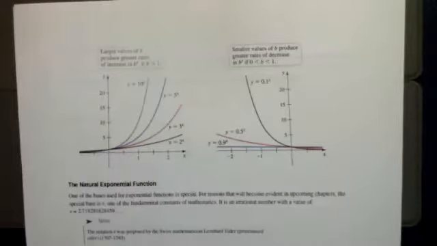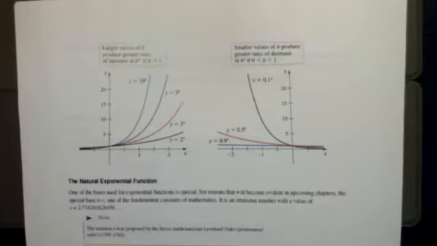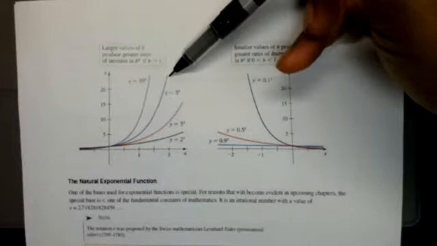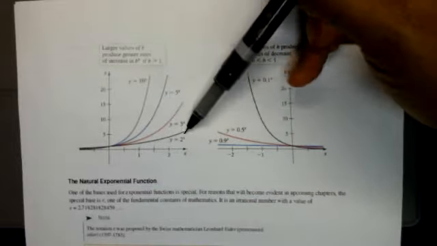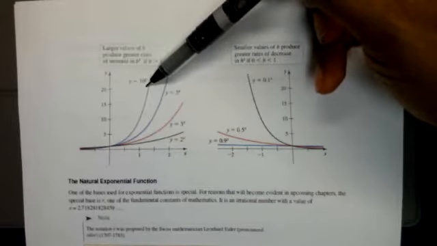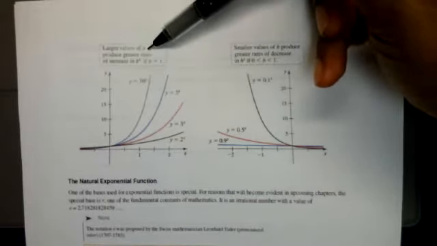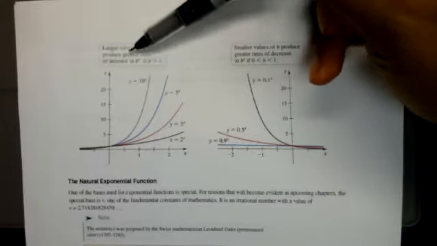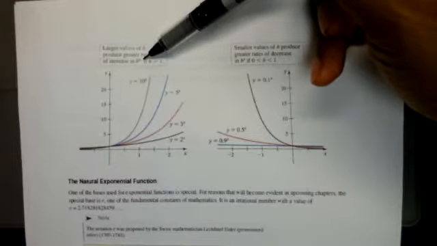Okay. So on the next page of this handout, you'll see what the graph of y equals b to the x looks like in these 4 different forms here. As you let b get larger, you're going to produce greater rates of increase in b to the x.